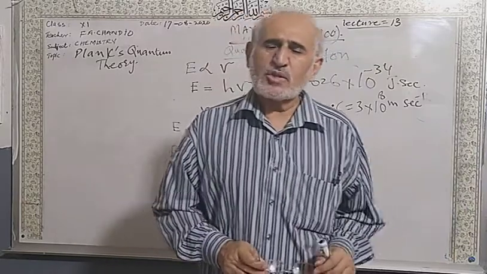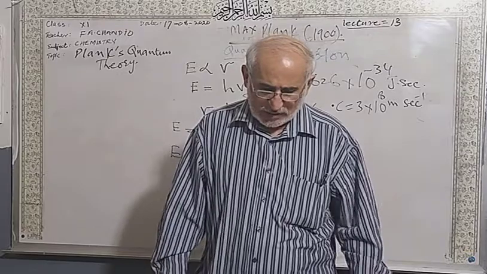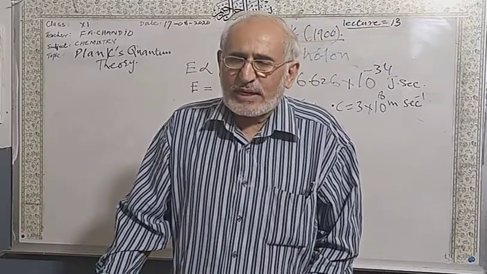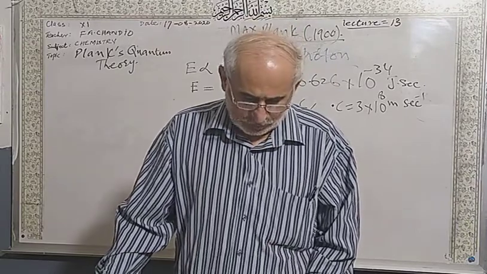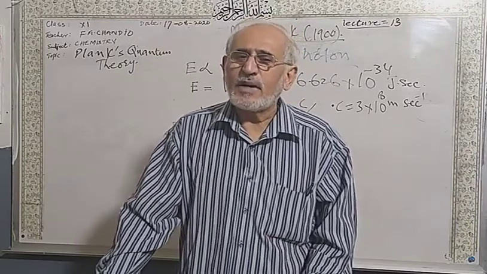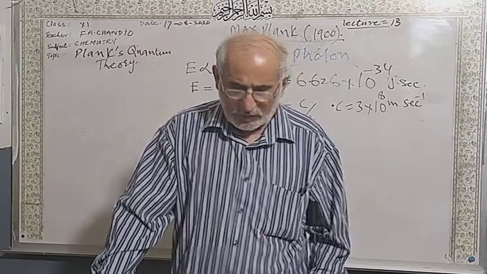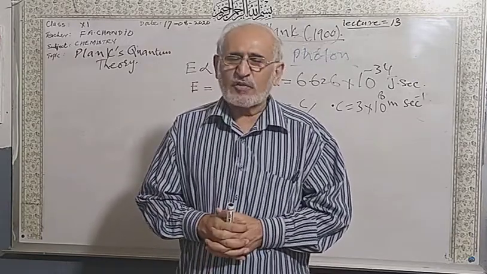Now students, you must know the definition of all these. So we come to the conclusion that the energy of a photon is related to frequency, wavelength and wave number. The number of waves passing through a point per second is called frequency.